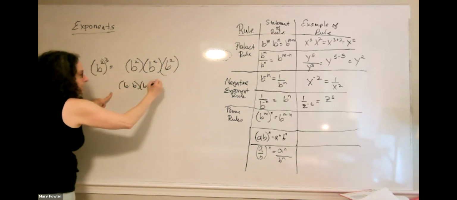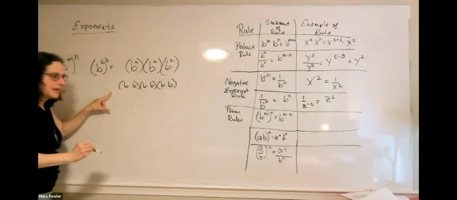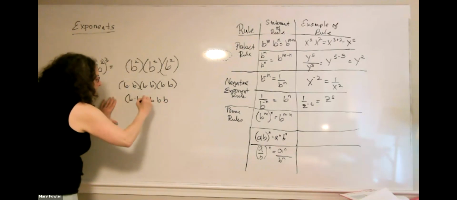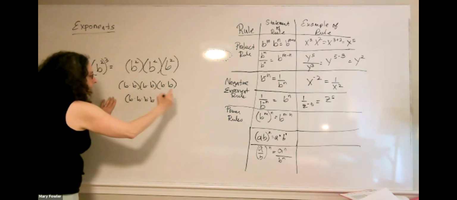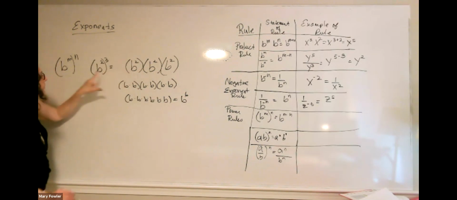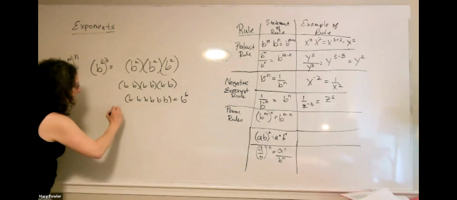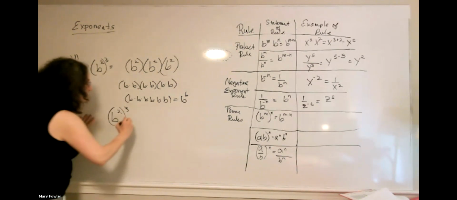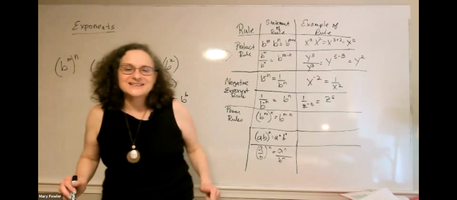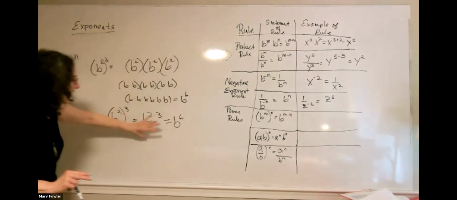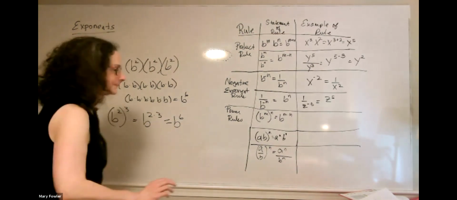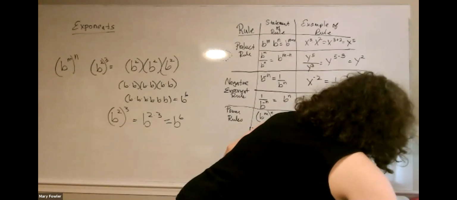Each of them has 2 b's, b squared. Now I can put them all together. All right, that's the right number. And as it turns out, it's b to the 6th. There are 6 b's. So we do have an example: b squared raised to the 3rd power is b to the 2 times 3, b to the 6th. Okay, so that helps us remember that rule.